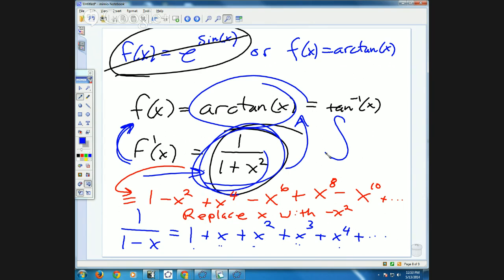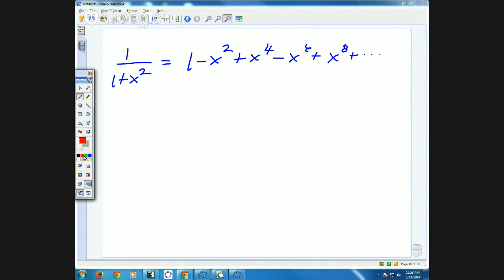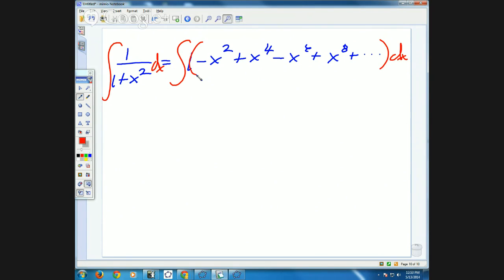So we know that 1 over 1 plus x squared has the following series: 1 minus x squared plus x to the 4th minus x to the 6th plus x to the 8th, and so on. And if we integrate with respect to x, then I should get a series for the arctan.